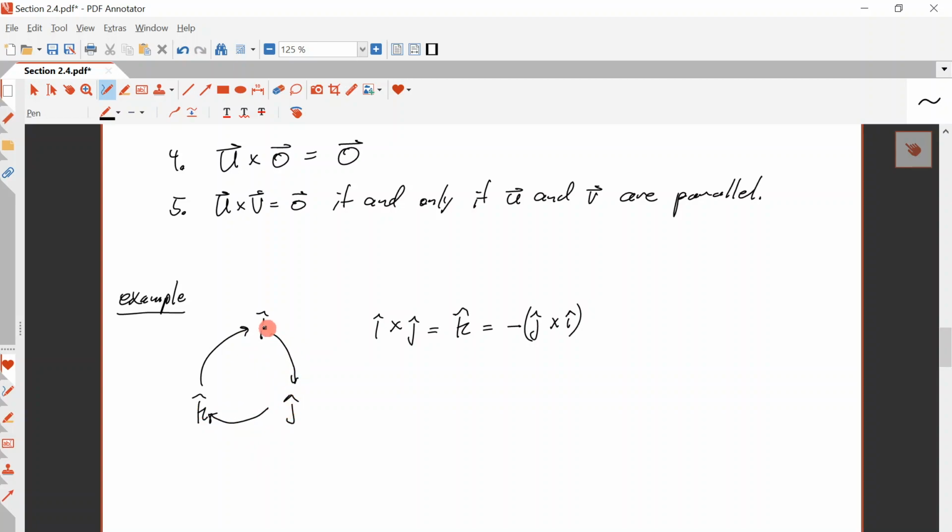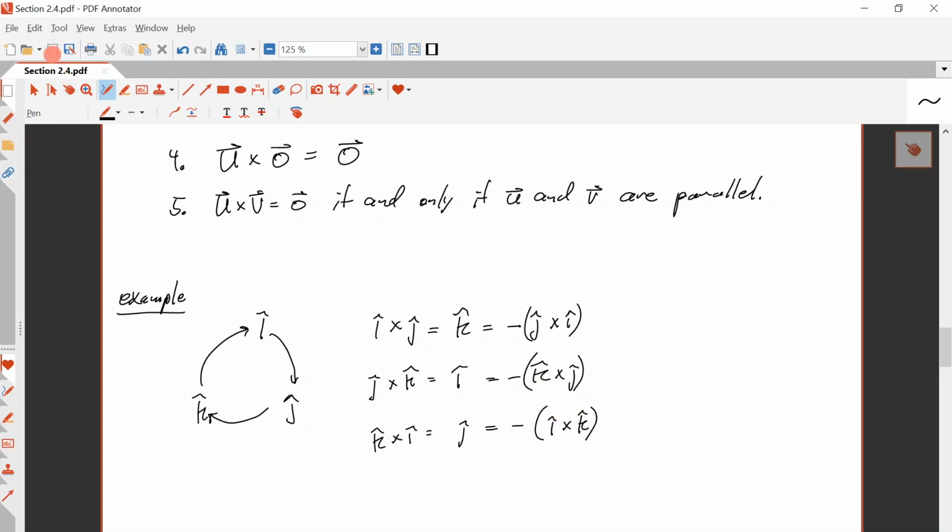If I'm going J cross I, against the direction of the triangle, the cross product is the negative of the third. So I cross J is K, J cross K is I, K cross J is negative I. K cross I is J, which is the negative of I cross K.